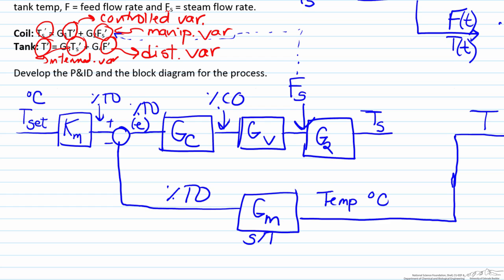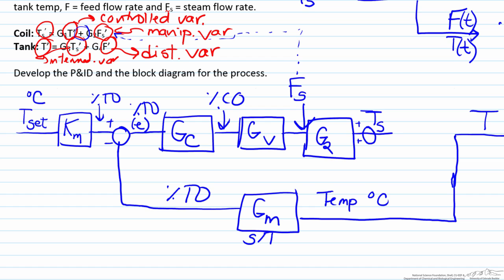However, that is incomplete because the temperature of the steam is dictated both by a transfer function related to the steam flow rate and a transfer function related to the controlled variable. So we see this addition here, this plus. That means that in order to get TS, we're going to need a summing point. We'll have two positives, and we're going to need to sum the multiplication of G1 times T. T is already our controlled value.